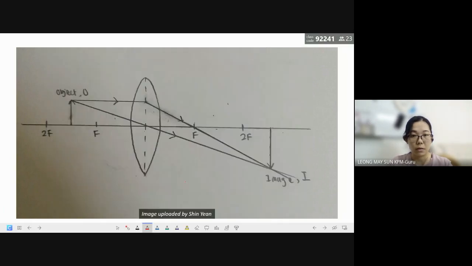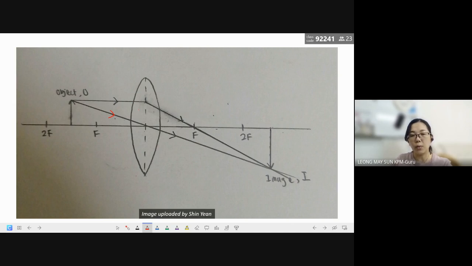All right, here I have Shinyan's working. Overall I can see it's very good, but I would add one more thing. Can you please draw the arrow before it goes through the lens?